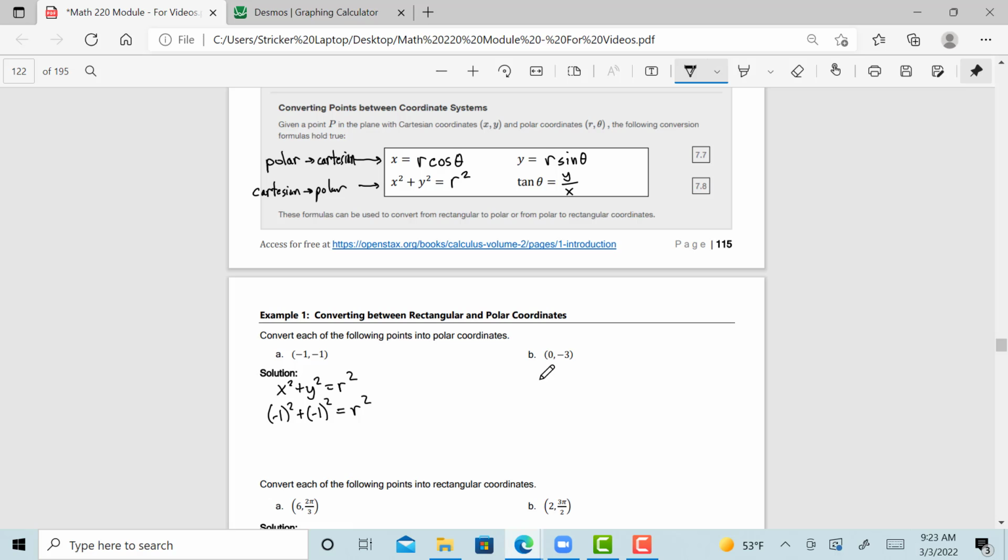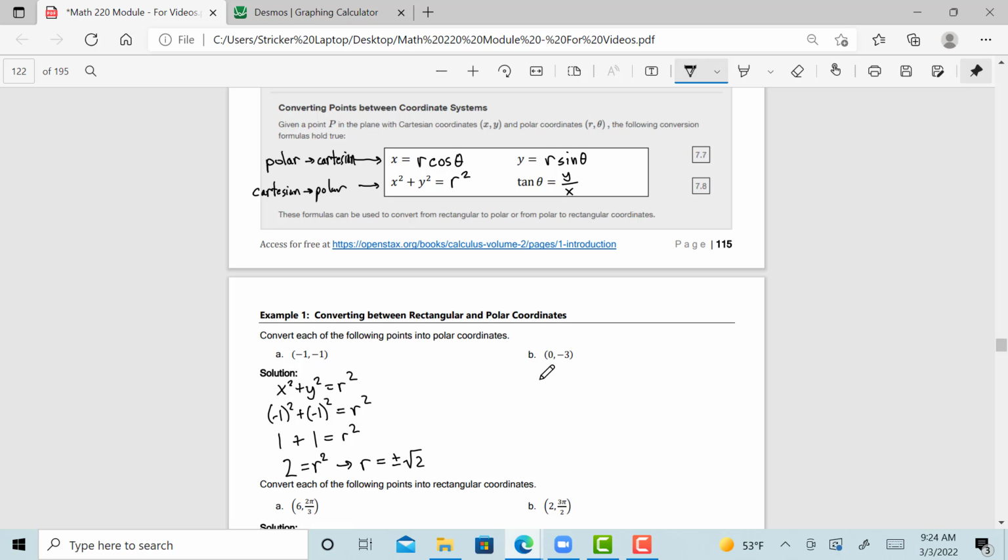Well, negative 1 squared is 1, so we have 1 plus 1 is equal to r squared, which means 2 is equal to r squared, which means that r is equal to plus or minus the square root of 2.